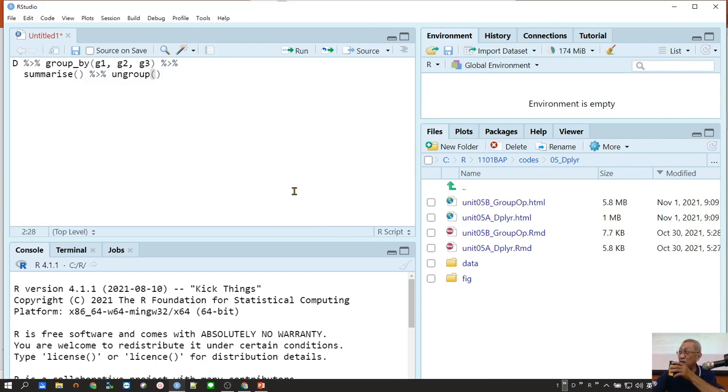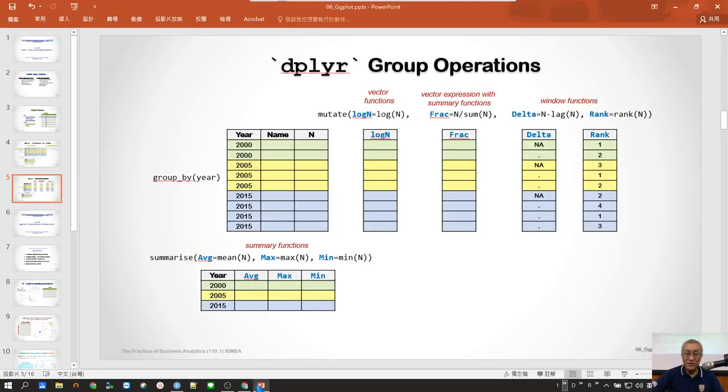If I don't use group by and I use summarize, the summary would cover the entire data frame.